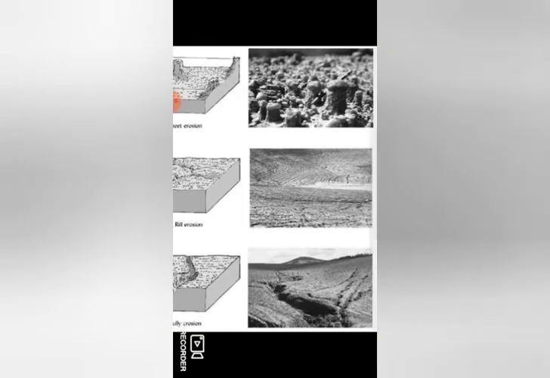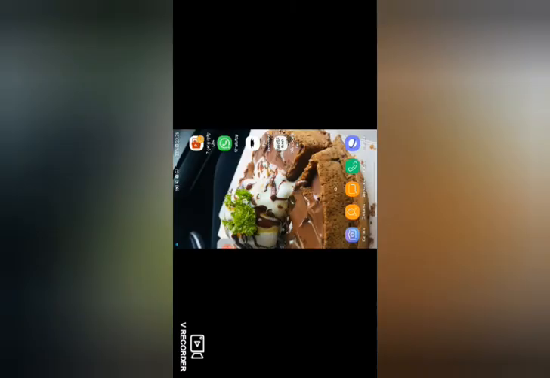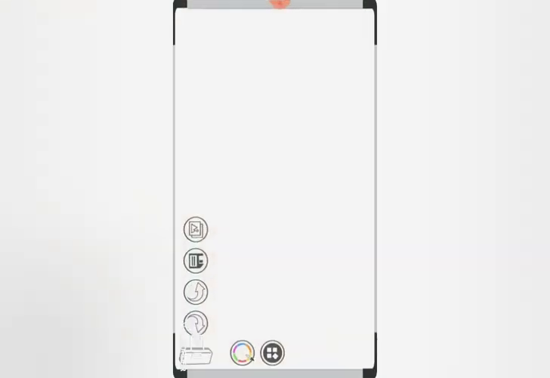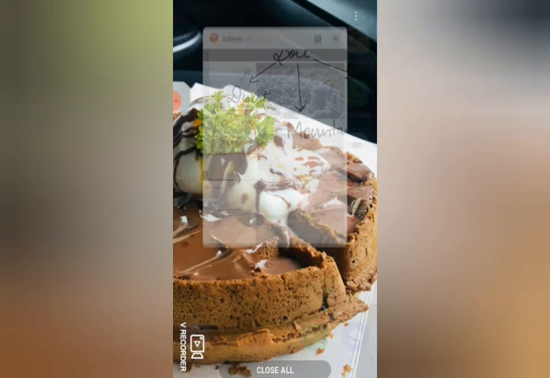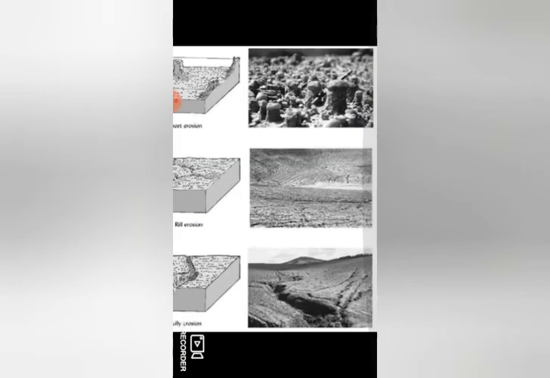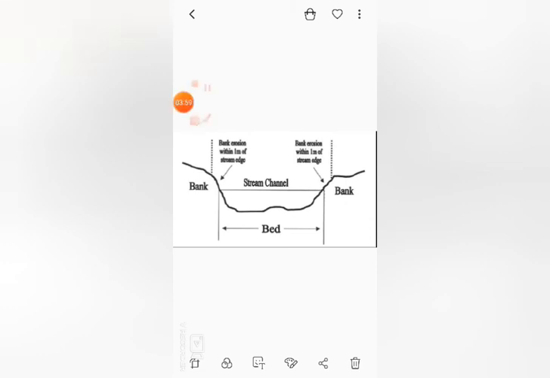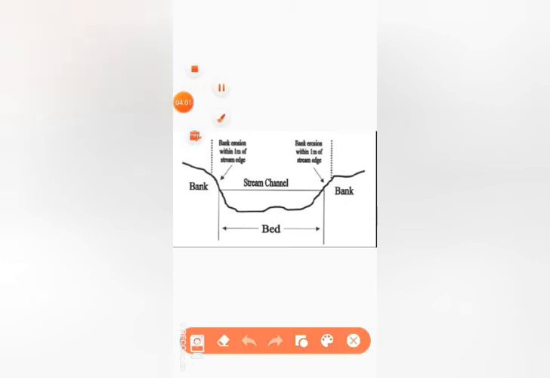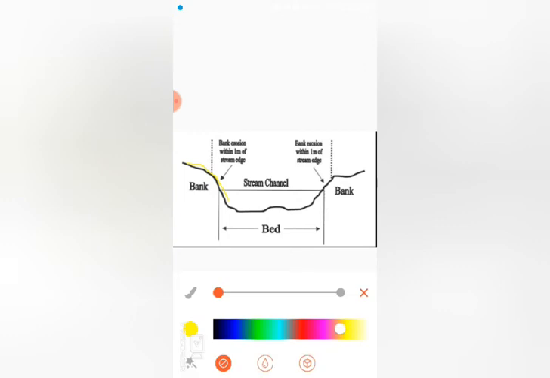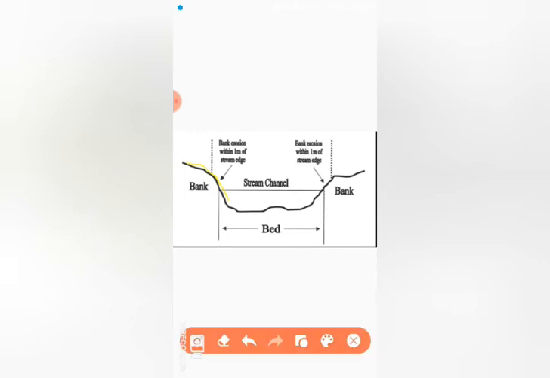The next type of erosion caused by water is your stream bank erosion. That can also be seen with the help of one picture, and that picture is this one. When we talk of stream bank erosion, see, this is the bank. Let me change the color so that it is much more visible.